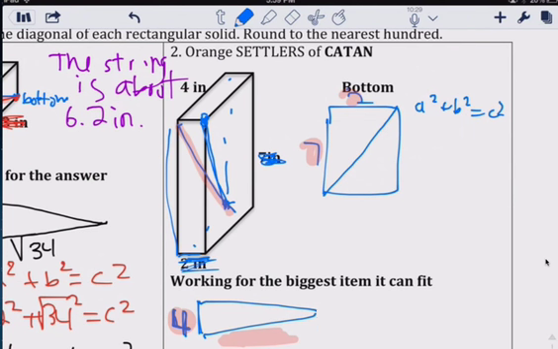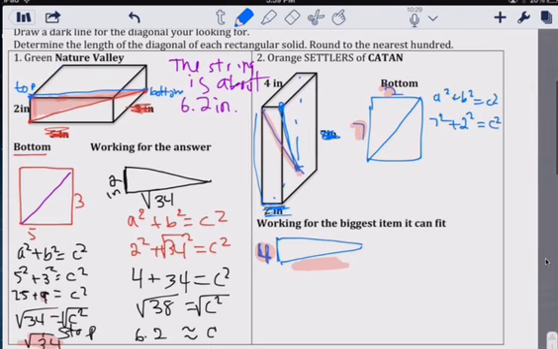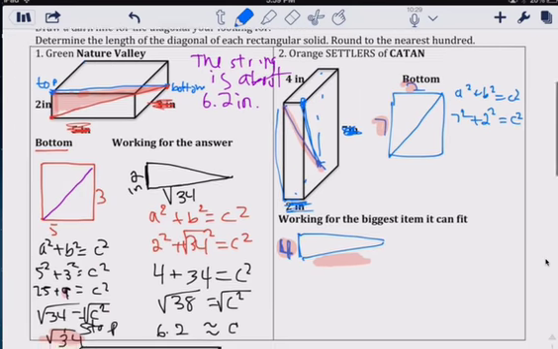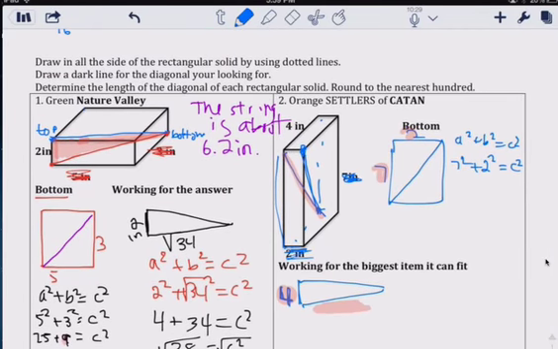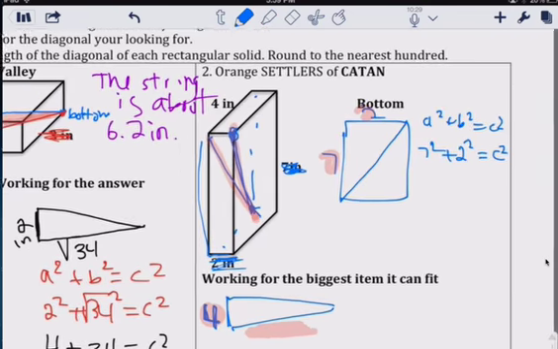You can use different numbers any way you like; in the end, you'll get the same answer. 2 squared equals c squared. Because in the other class, we did 4 and 2, we got a different answer along the way, but in the end, you'll get the same answer for this line right here, the string or the wood that you try to fit in today.